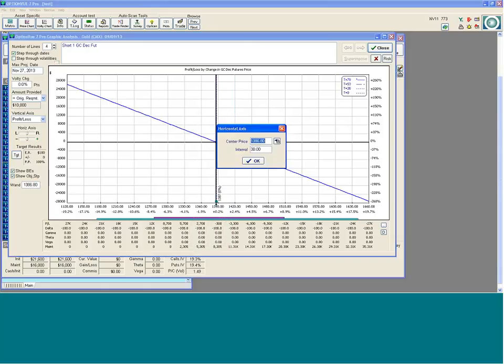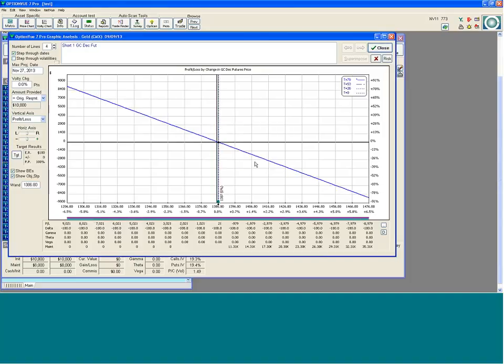Let me change the scaling to be $10 an ounce. A $10 move in gold is rather small, actually. So as a futures trader, you could see that you're going to make basically $1,000 with a $10 drop in the market, and you're going to lose $1,000 with a $10 rally in the market.